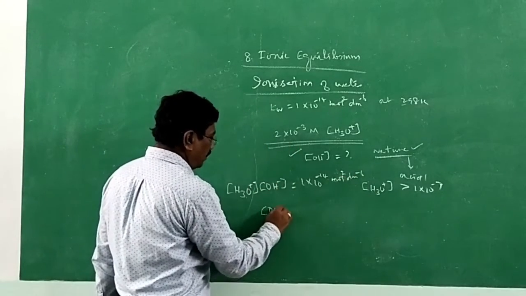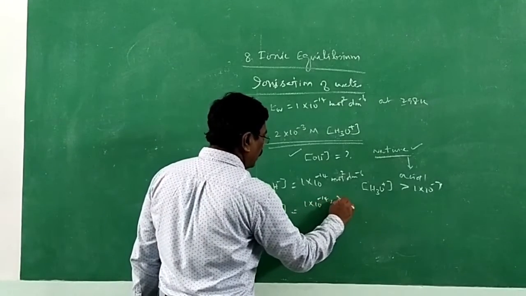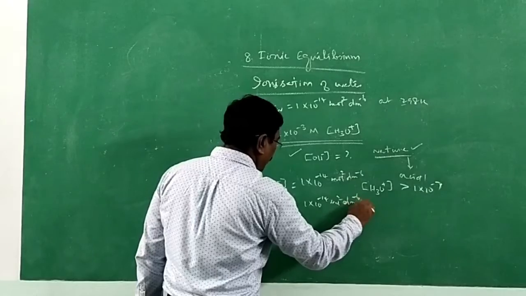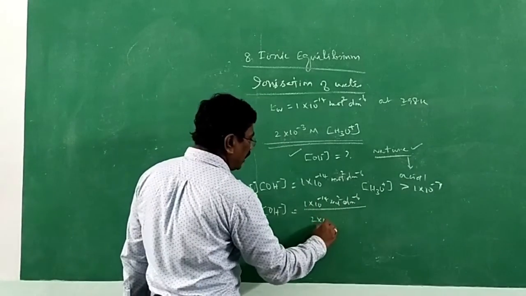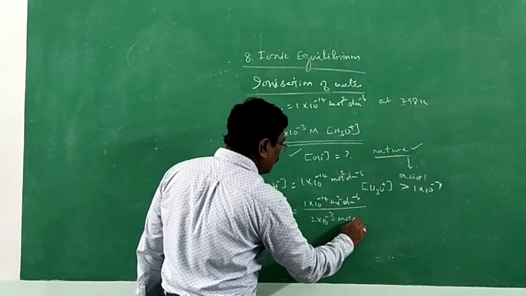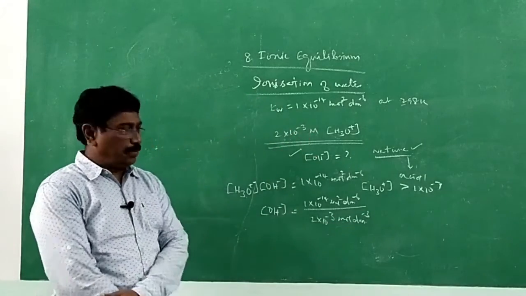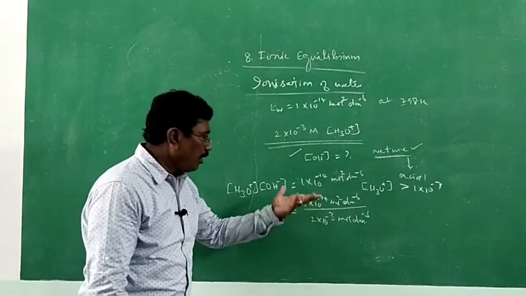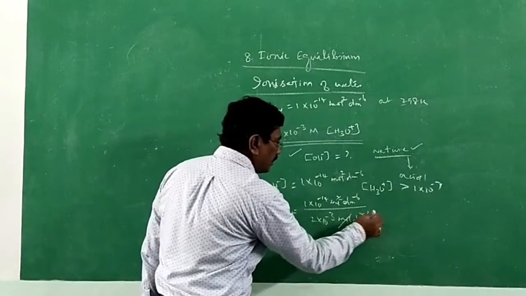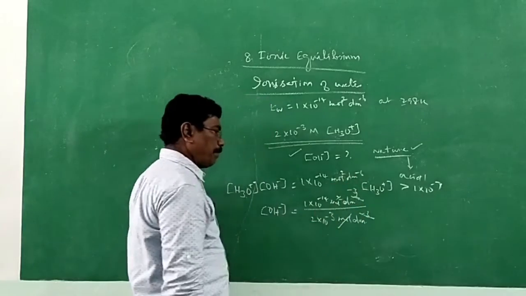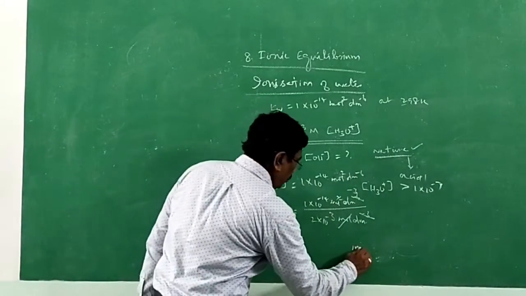So, hydroxide ion concentration is equal to 1 into 10 power minus 14 mole square decimeter to the power minus 6 divided by the concentration of hydronium ion, 2 into 10 power minus 3 mole per decimeter cube. Molar means mole per liter, mole per decimeter cube. If I divide, mole square gets cancelled, minus 6 becomes minus 3, and we get the unit mole per decimeter cube.